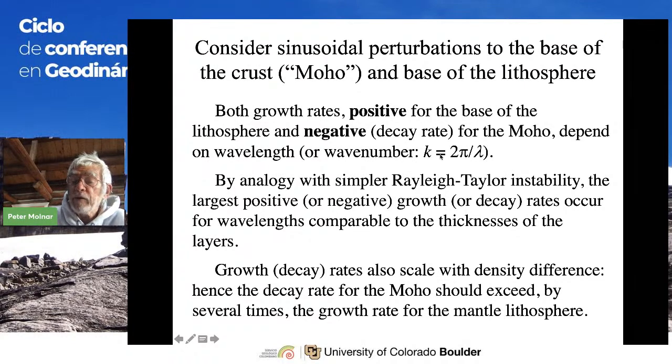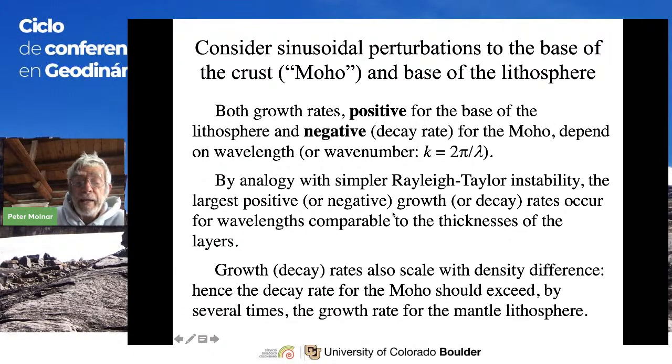They depend on the wavelength, as they do before. They depend on wave number. And by analogy with the Rayleigh-Taylor instability we talked about earlier, the largest positive or negative growth rate or decay rate will occur for wavelengths comparable to the thicknesses of the layers. Remember, the wavelength with maximum growth rate was twice the thickness of the layer in the simplest case we started with before.